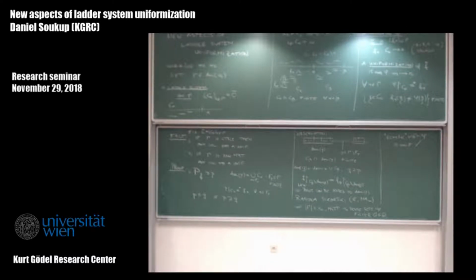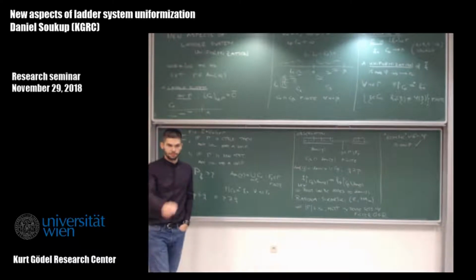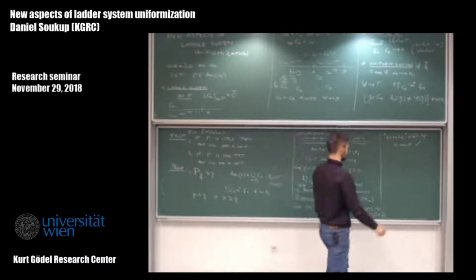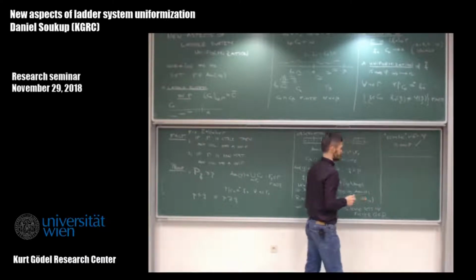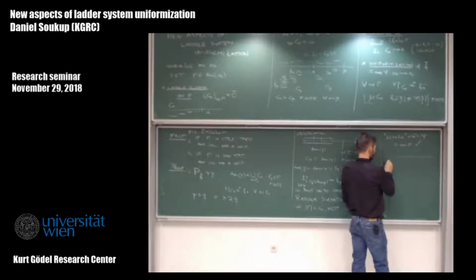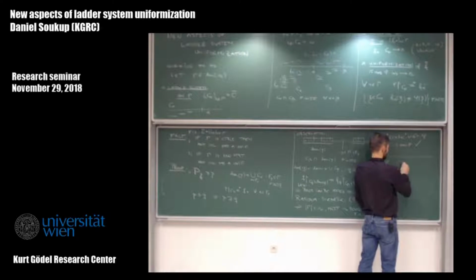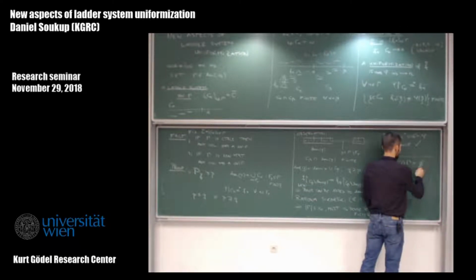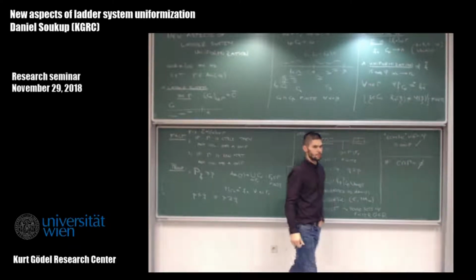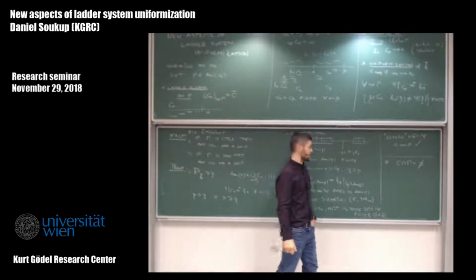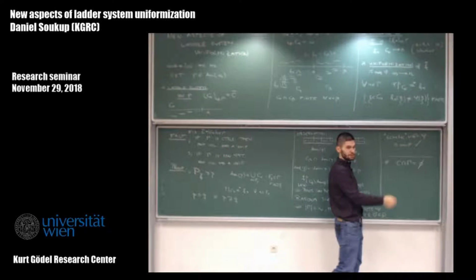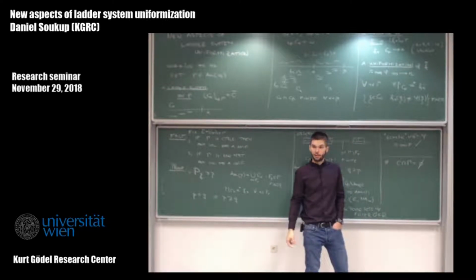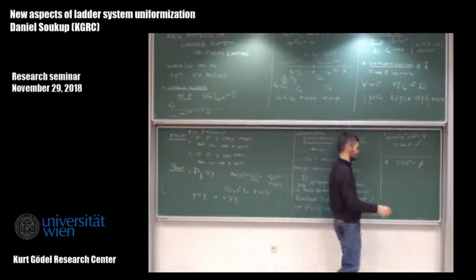Okay, and how do you get the second result from the first? Take a club avoiding the stationary set. Exactly, and the supremum of the club below the point you want to deal with is bounded. So you have a club C. If gamma is non-stationary, then you have a club which is completely disjoint from gamma.